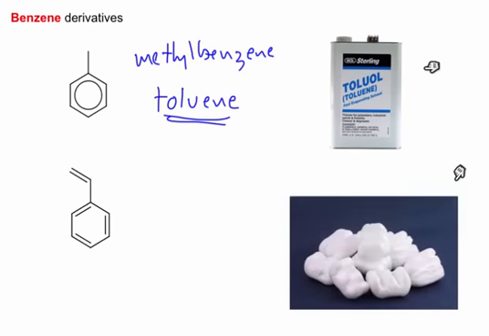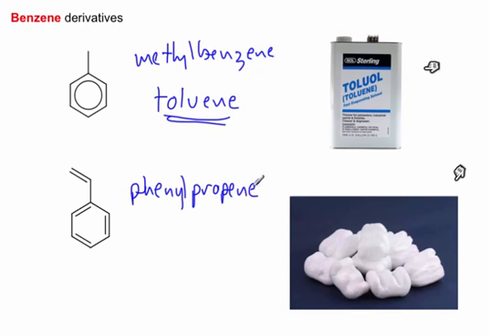Here's another one, and I'm sure you've come across this in your travels. Do you recognize what that is? That's actually polystyrene, styrofoam. And so this is the precursor to that, this benzene derivative. And so what we have here is a phenylethene. Sorry, phenylethene. So phenylethene is the systematic name for that.